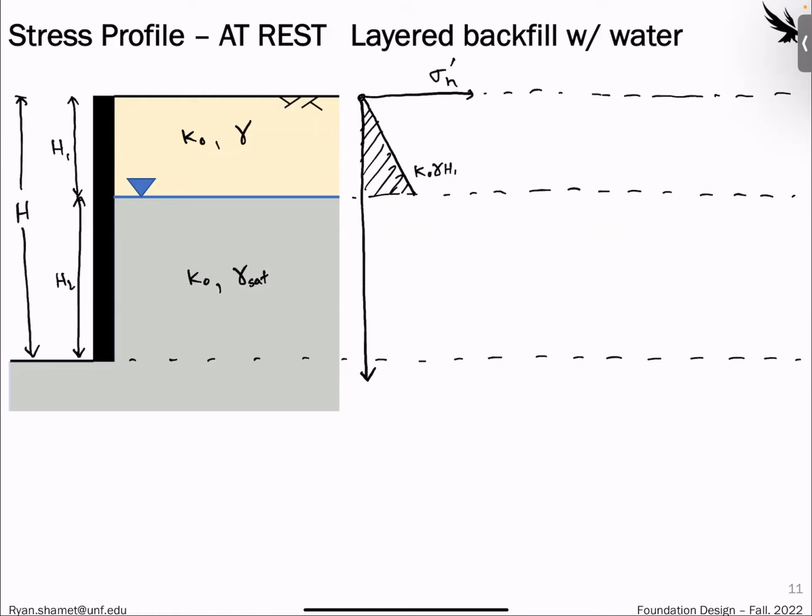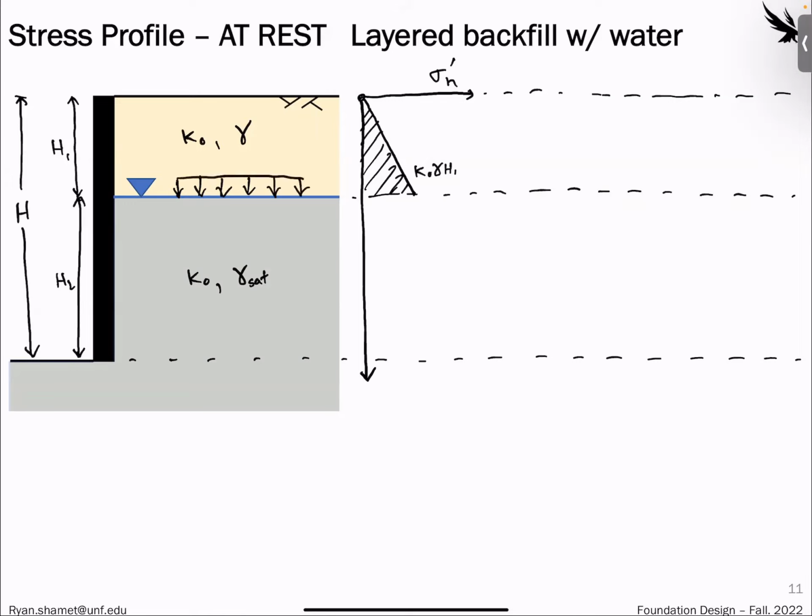And now with this water, the water we know will also produce a consistent stress down. This pore water pressure will create a consistent stress. The way you can picture this is, if we view this second layer as having a surcharge on top of it.